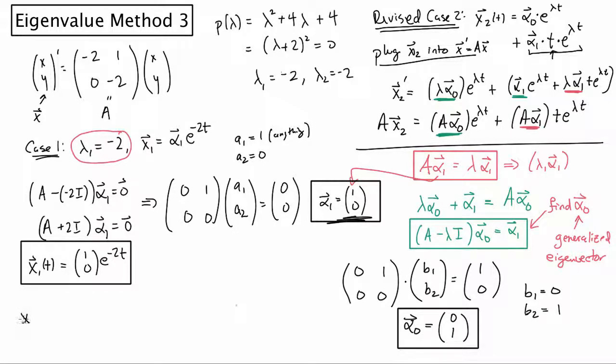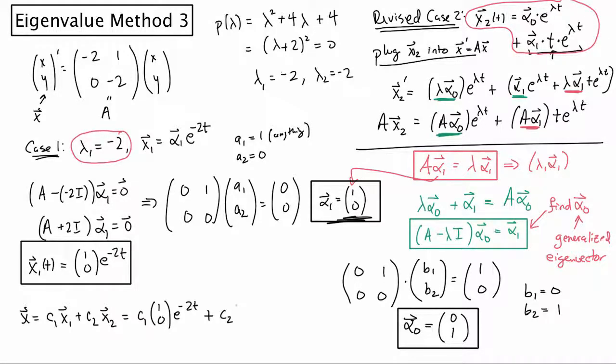The solution x is c1 x1 plus c2 x2. We already know x1 is alpha 1 e to the negative 2t, so it's 1, 0 e to the negative 2t. And then what is x2? Here's where you have to be careful. Our form of x2 was this. So this is our x2.